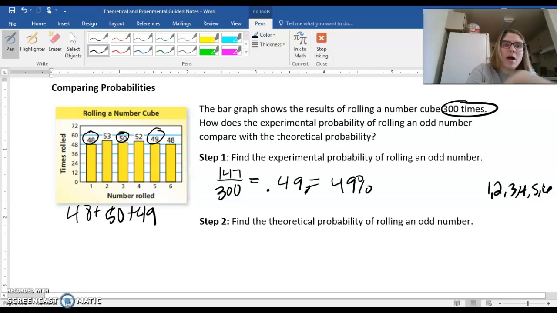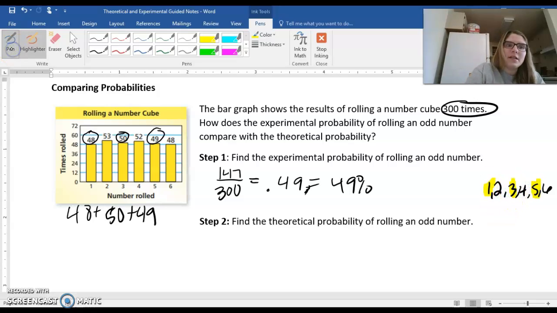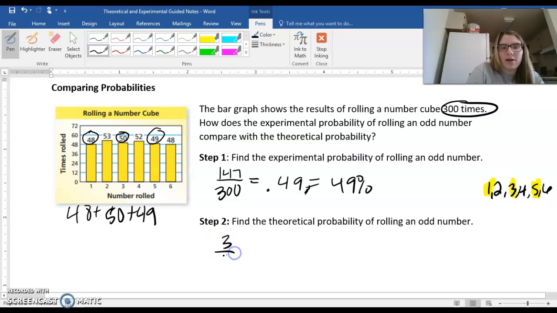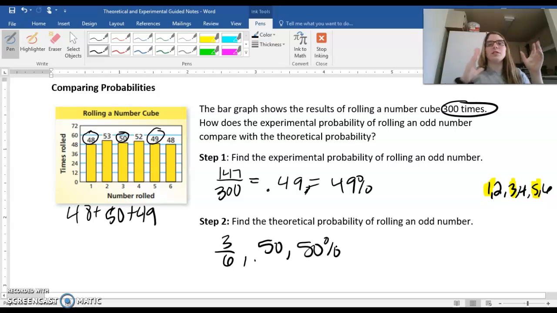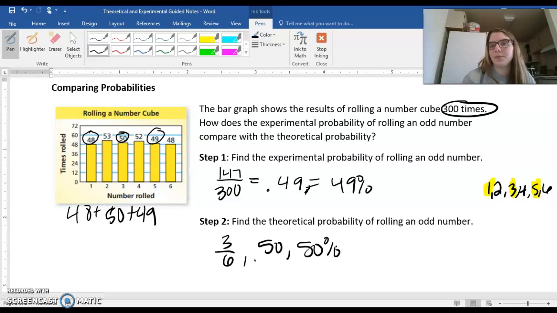Out of those, let me get out my highlighter, 1 is odd, 3 is odd, and 5 is odd. So that would be 3 out of all 6 numbers, which gives me 0.50, or 50%. If you notice, the experimental probability and the theoretical probability ended up being very close.